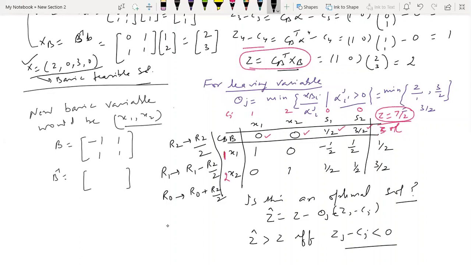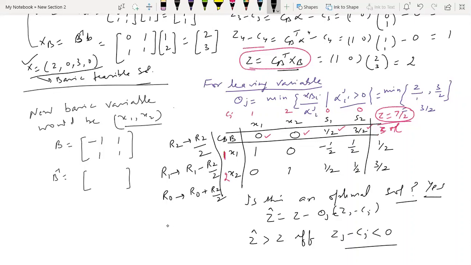But you see in this present table that all Zj minus Cj's are greater than or equal to 0. So if I enter any one of these, the value is positive, and z hat is z minus this positive value, which means my present value will decrease if I enter any of these variables. So at this moment there is no possible non-basic variable which I can enter into the basis so that my objective function value can improve. That means my present table is the best table. I have no more option to improve this. So the answer is yes.